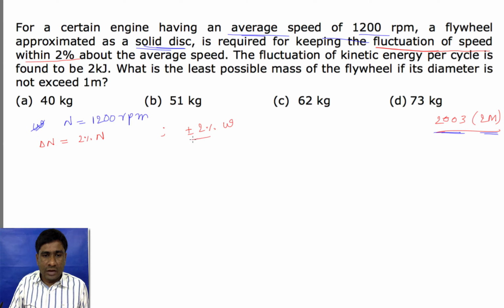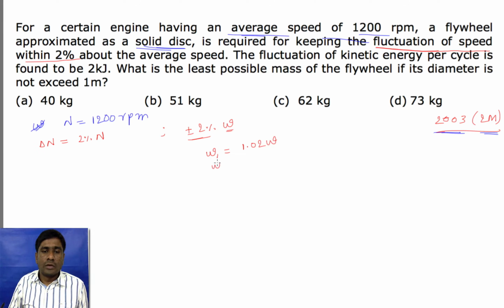So if it is mentioned like this, that these speeds are within the limit of plus or minus 2% of omega, then in that case, omega 1, that is the maximum speed, equal to 1.02 into omega. And what is omega 2? That is the minimum speed, that is 1 minus 0.02 omega.